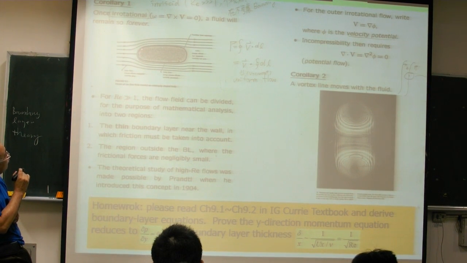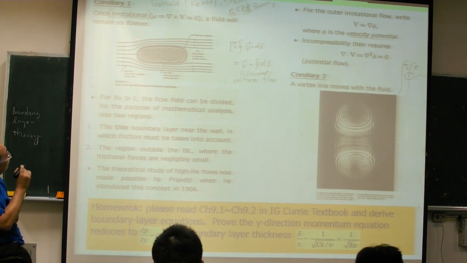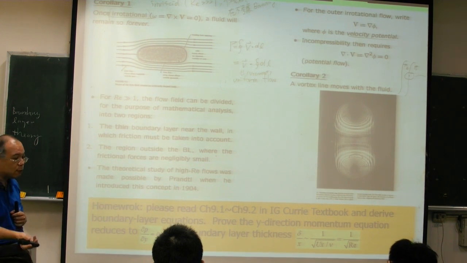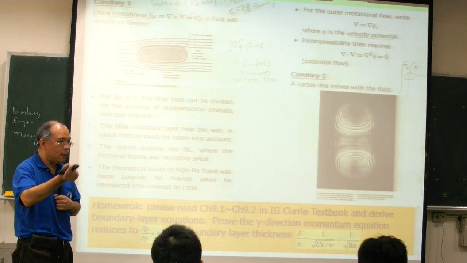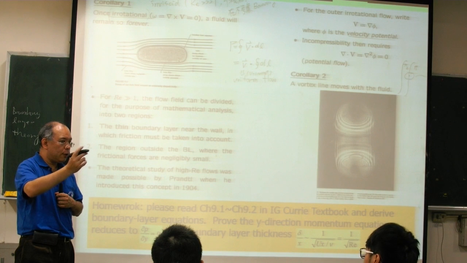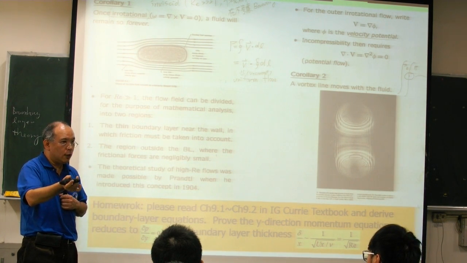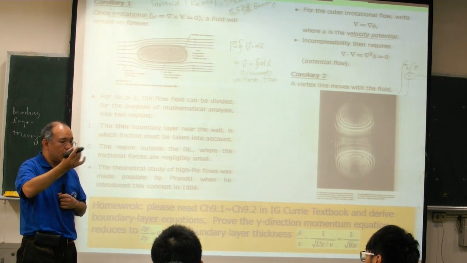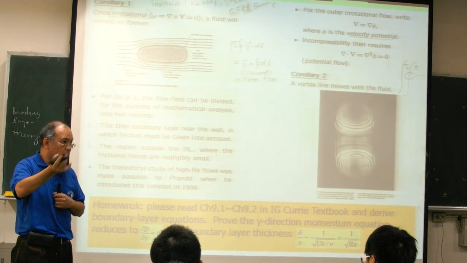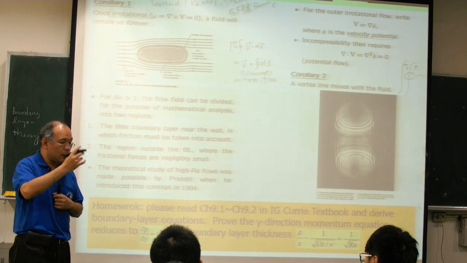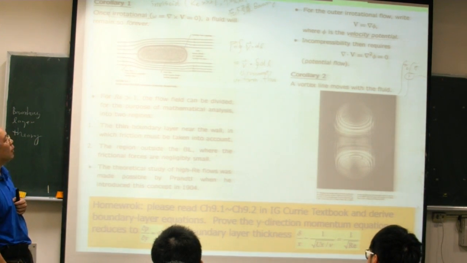They can be divided into a thin boundary layer region and an outer, so-called frictionless or irrotational region. By handling these two regions differently, we can get some engineering application later.